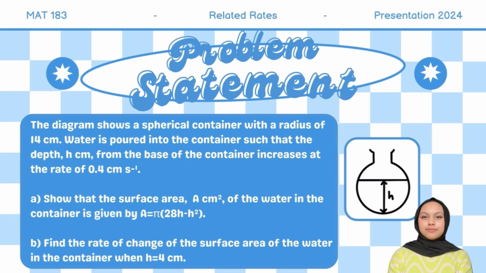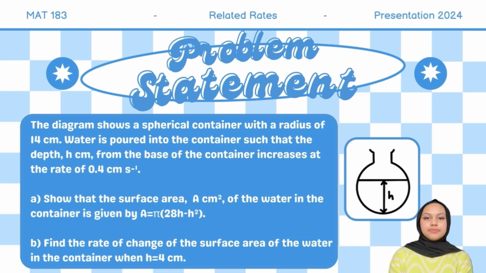Problem statement. The diagram shows a spherical container with a radius of 14 cm. Water is poured into the container such that the depth h cm from the base of the container increases at the rate of 0.4 cm per second.